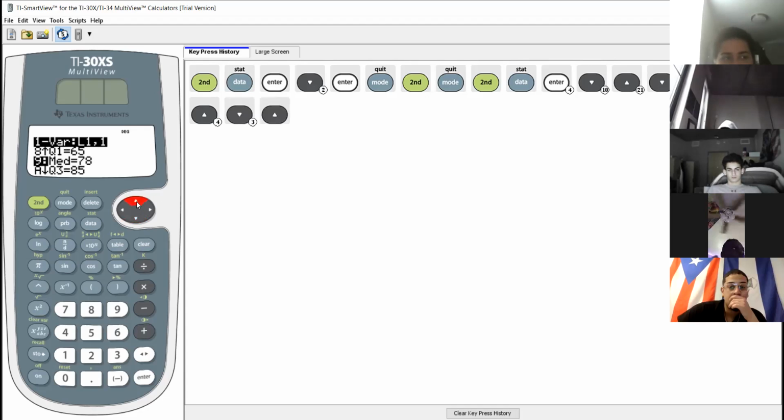Another thing that we can say about this 5-number summary is that between the smallest number, the minimum, 36, and Q1, 65, 25% of the numbers are in between those two numbers. Then between the lower quartile and the median, that's another 25% of the numbers. That's between 65 and 78.